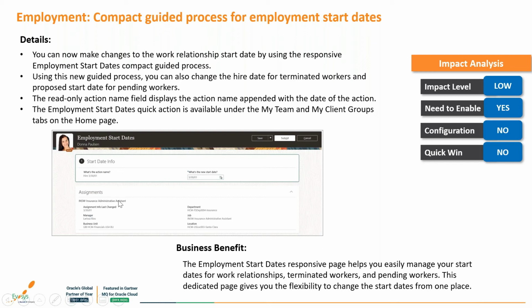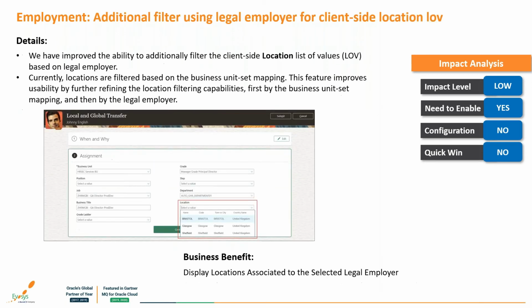So this is a new page which has been designed and released by Oracle, wherein we can take full control of the start date of any worker, any terminated employee, or any pending worker. This is a very dedicated page.